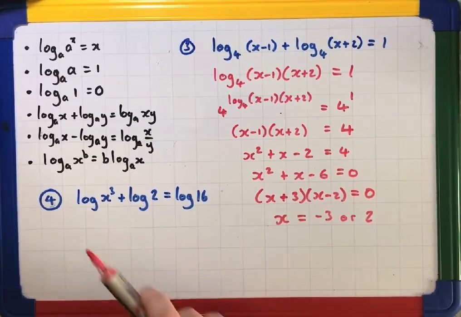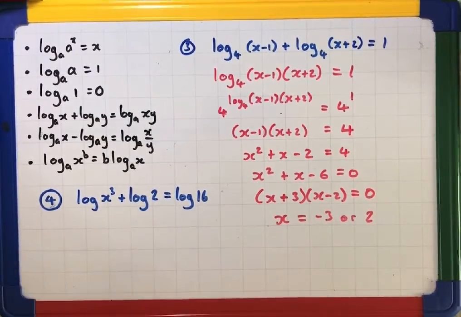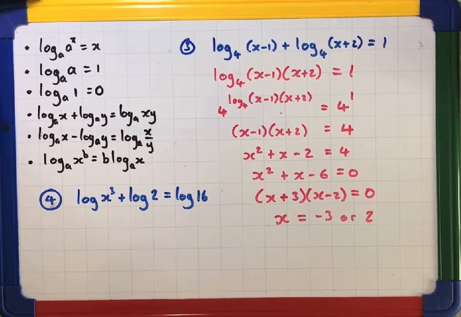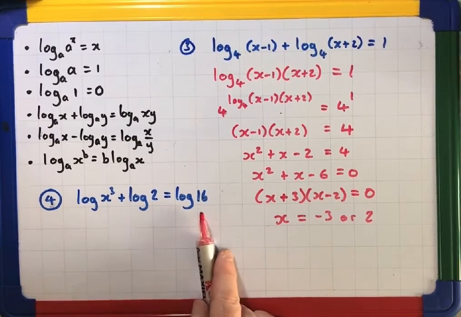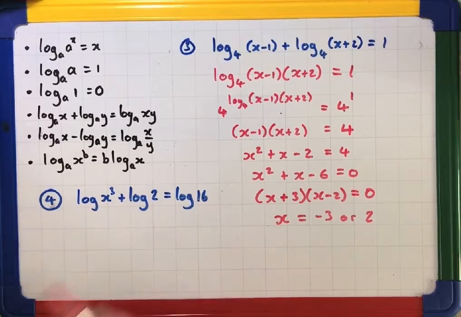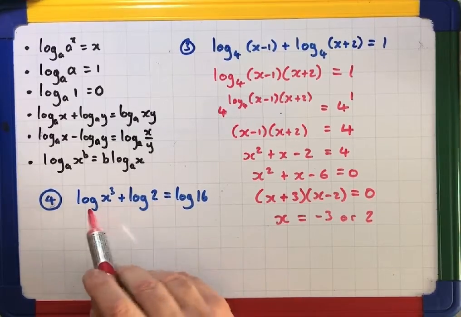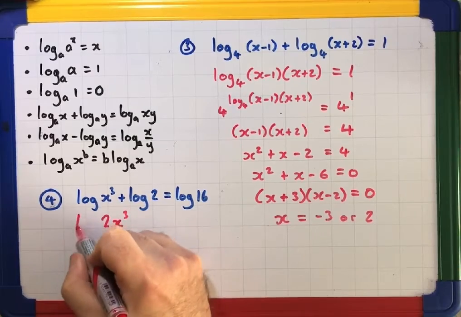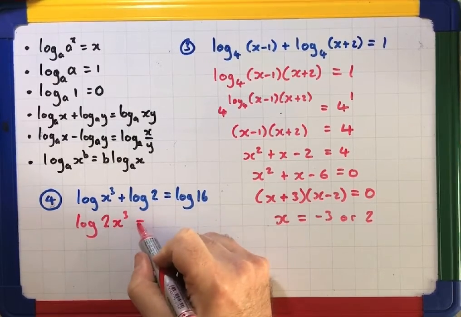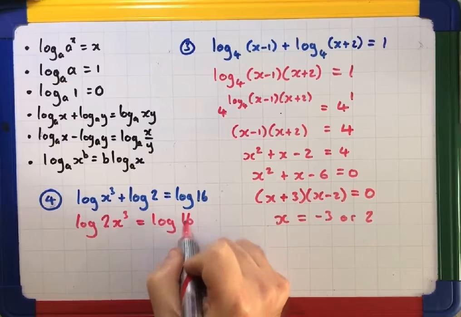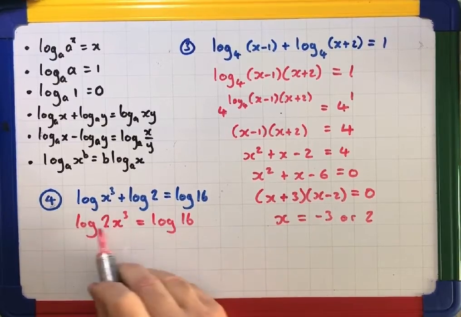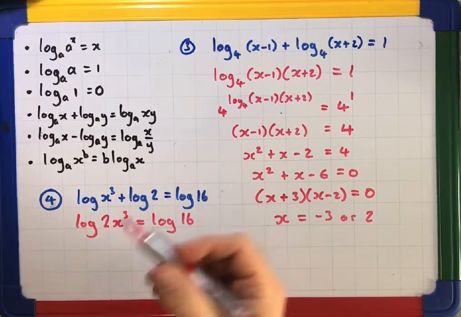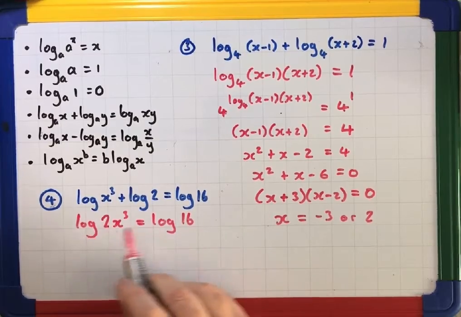This last one here, it's log. Generally log's taken as being log to the base 10, but this would work with any base here. Again, what I would do, remember, when you add, same base, so we can get rid of the logs, raising to the power 10 or whatever.